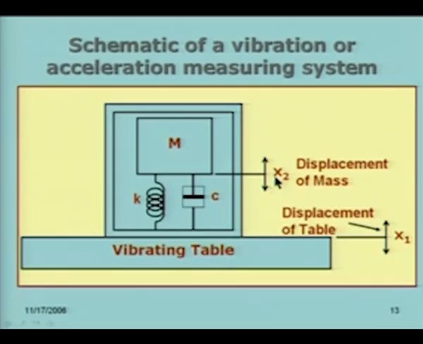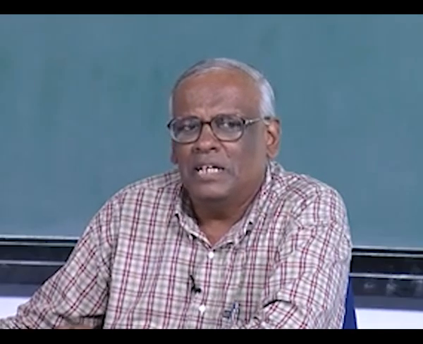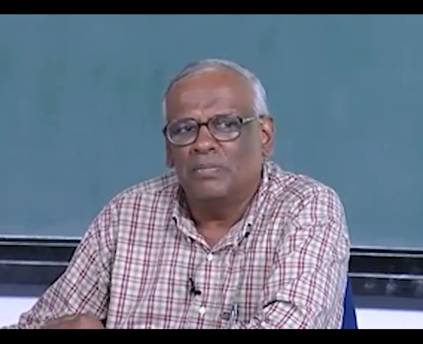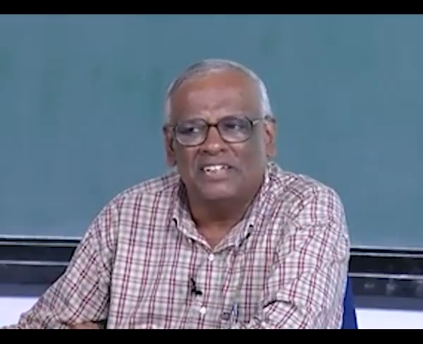This is the motion of the mass, the seismic mass. Of course, I said earlier that it may be ideal to have the mass x2 as 0, that means it is standing still. If it is standing still, you can see what is going to happen. The compression of the spring is simply due to the up and down motion of the vibration, and therefore, directly you can find out what is the acceleration or the force, because the spring deflection is what is measured.